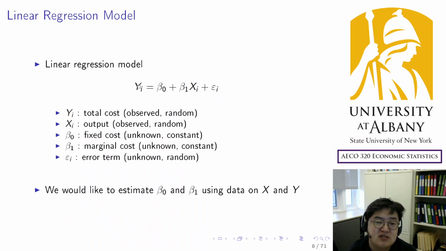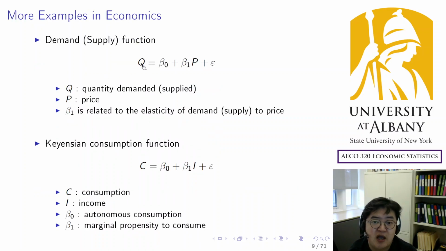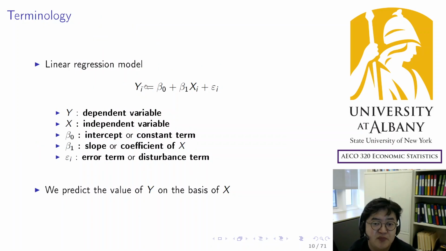Similarly here, say total cost depends on how much you produce, right? And quantity demanded depends on the price offered, right? And consumption depends on the income, right? So in general, Y is a dependent variable.